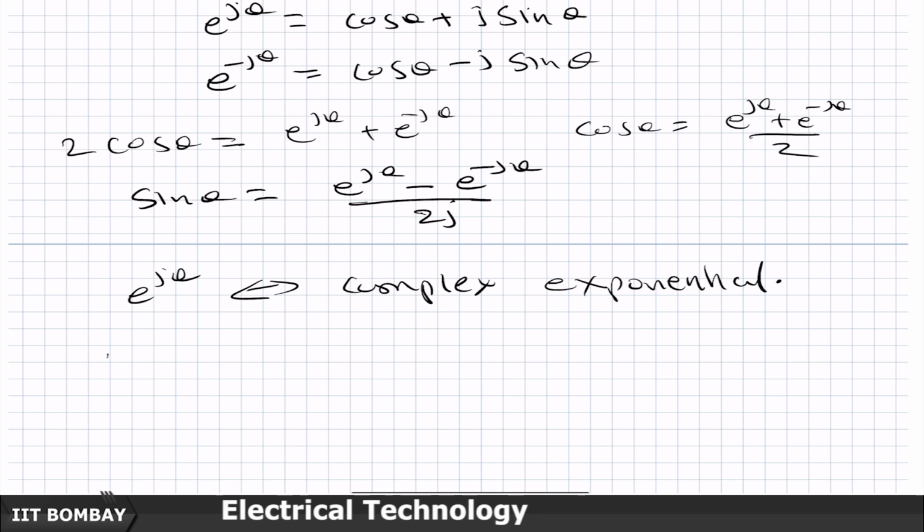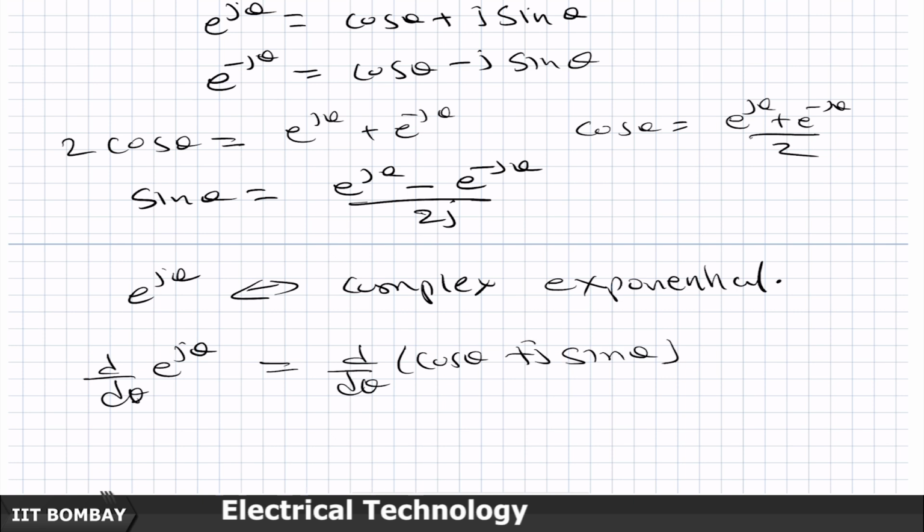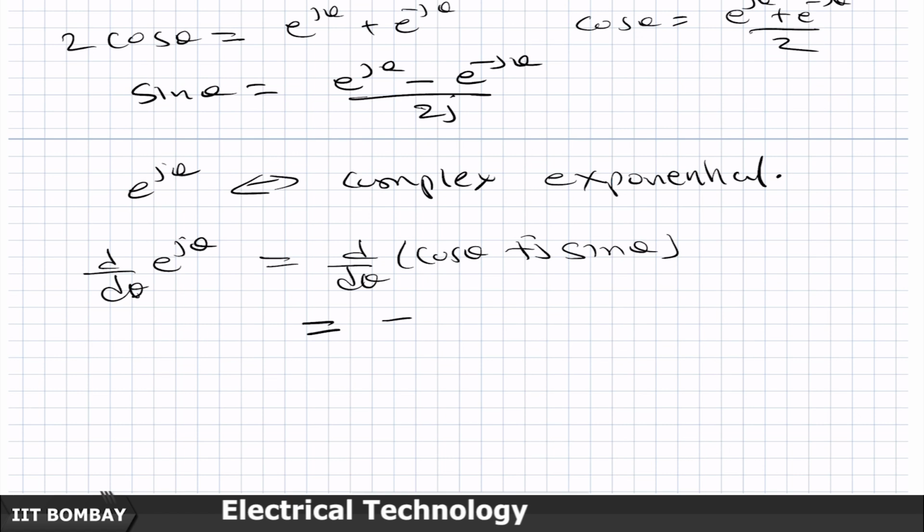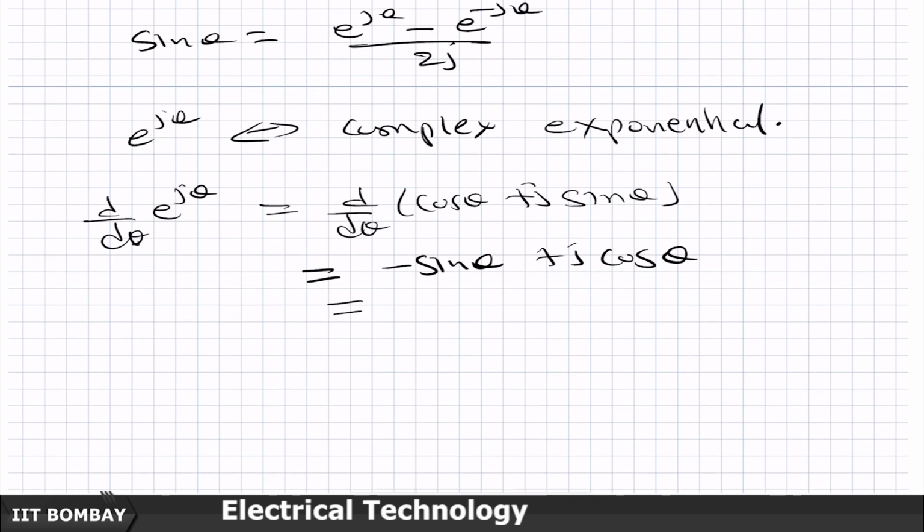Now that you have a complex exponential, an interesting question for you to ask is, what is d by d theta? Can I take a derivative of a complex exponential with respect to theta, which is a real number? So, you are looking at d by d theta of cos theta plus j times sin theta, but the derivative of cos theta is minus sin theta and the derivative of sin theta is cos theta. But minus 1 can be written as j square.